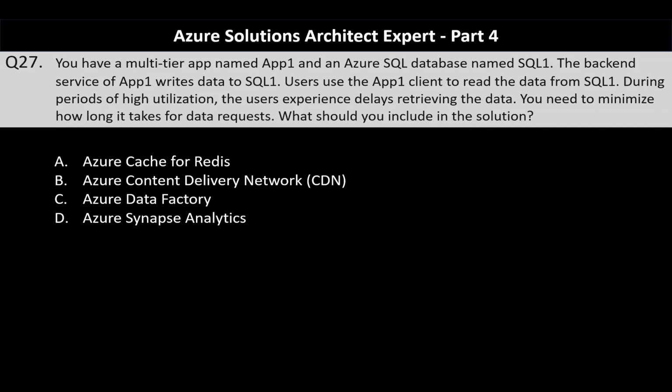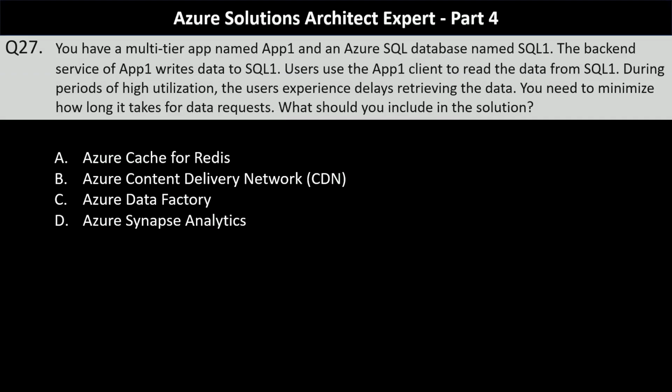Your options are Azure Cache for Redis, Azure Content Delivery Network, Azure Data Factory, Azure Synapse Analytics. Friends, to minimize delays in retrieving data during periods of high utilization in the app, the best solution would be Azure Cache for Redis.